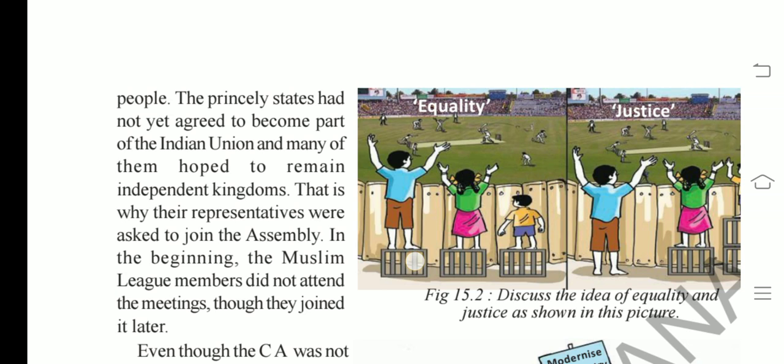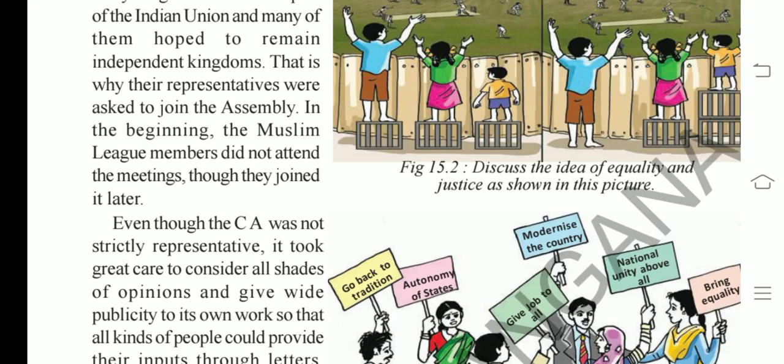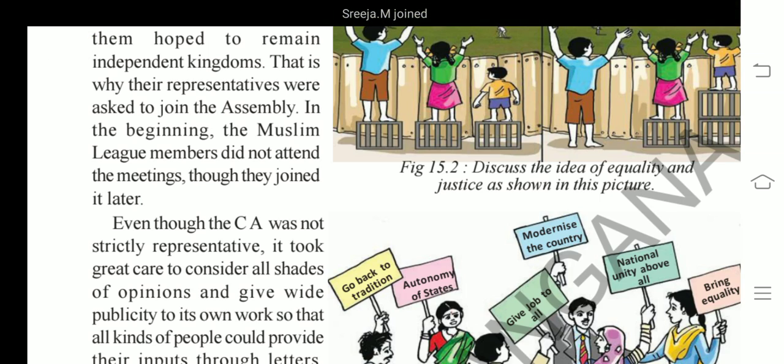So here, the Constituent Assembly was not strictly representative of all the people, as we have seen. Some were elected, some were taken by the consultation process, and those who were elected were also not elected by universal adult franchise. That means the members of the Constituent Assembly were not elected by the people through the right to vote.